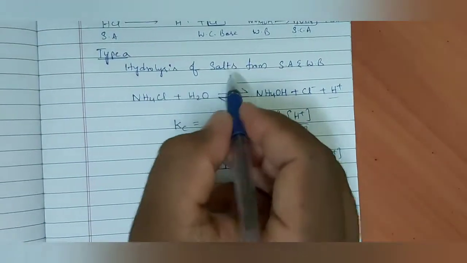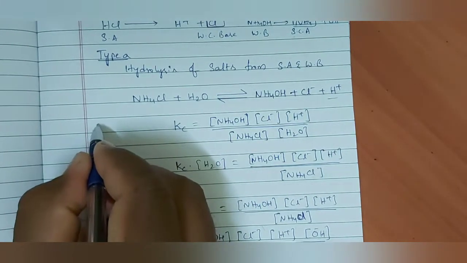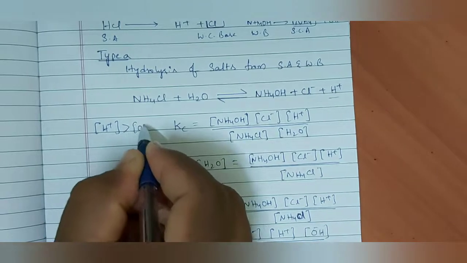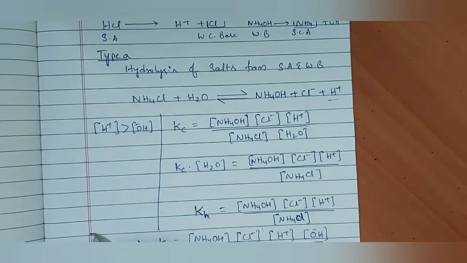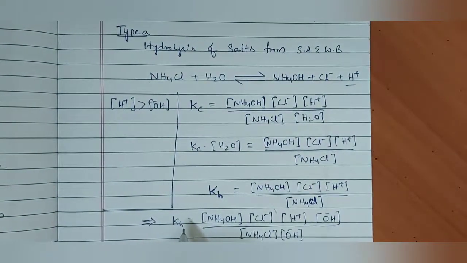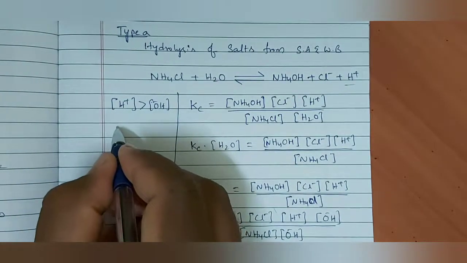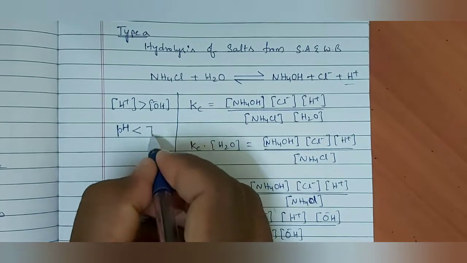So for this type of salts from strong acid and weak base, concentration of H plus is greater than concentration of OH minus. That's why pH is less than 7.